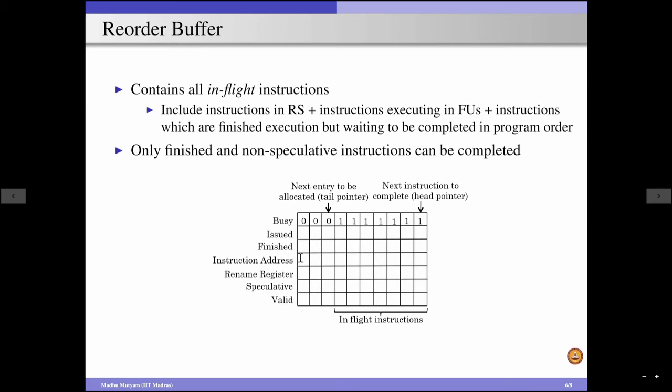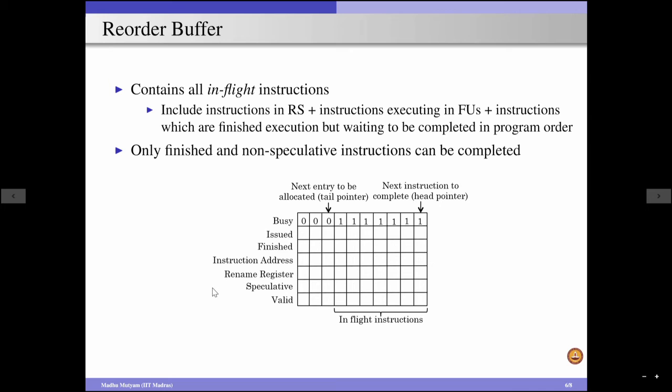If so, its finished bit is 0. As a result we cannot proceed, and even when a trailing instruction finishes its execution, we cannot commit this second instruction unless the first instruction is completed. Because of this restriction, we are able to ensure the in-order commit.